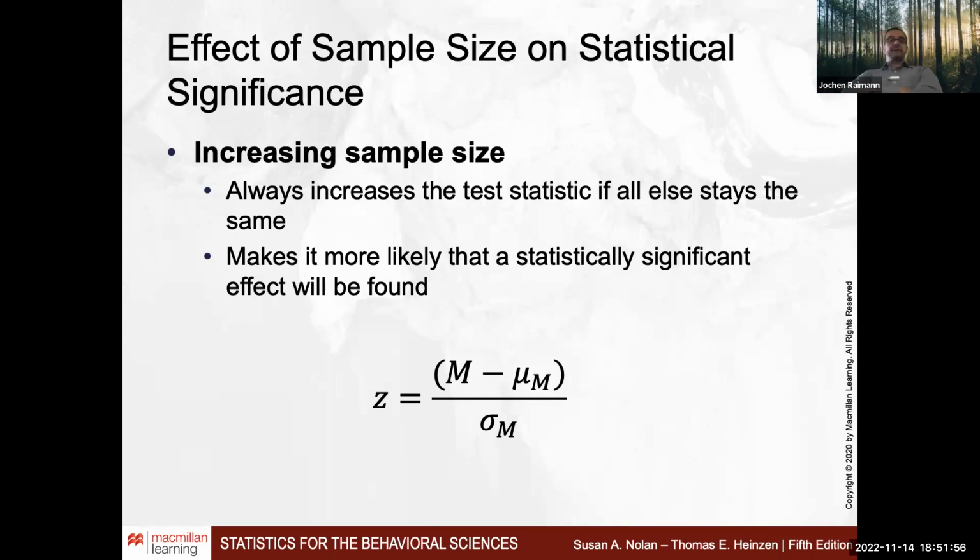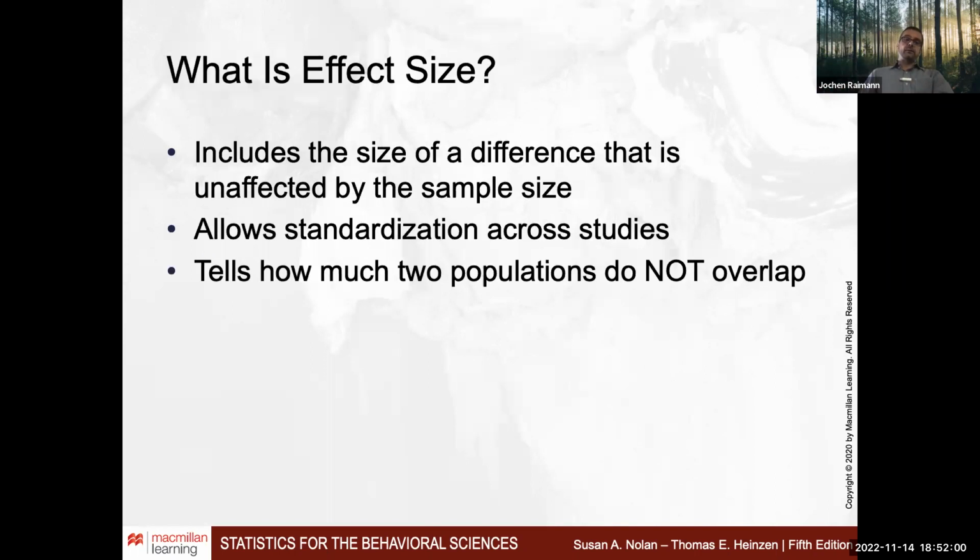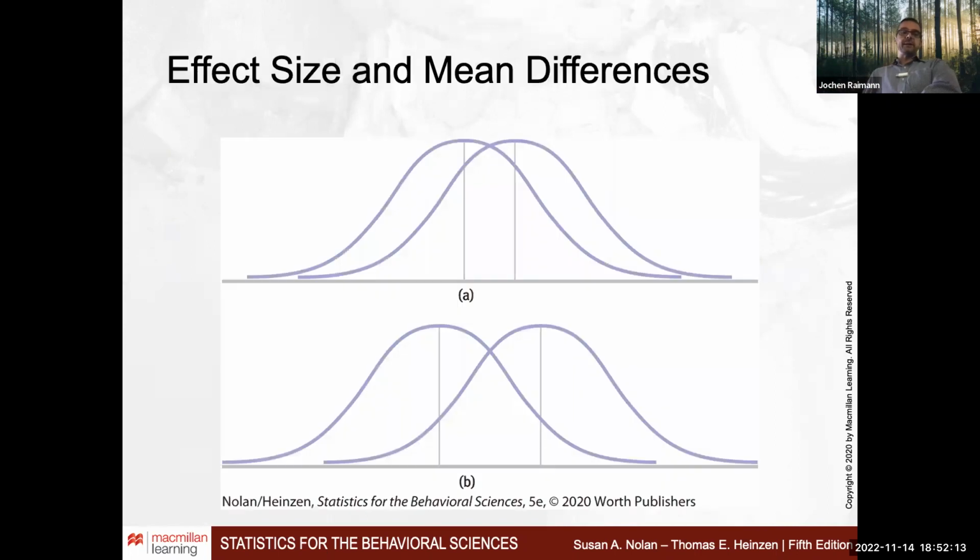So by taking the sample size out of the equation and quantifying the effect size, the differences, by the standard deviation and not by the standard error of the mean, you get a standardization that is independent of the sample size. So again, keep in mind, the effect size is determined by the mean differences, and the difference plays a major role.